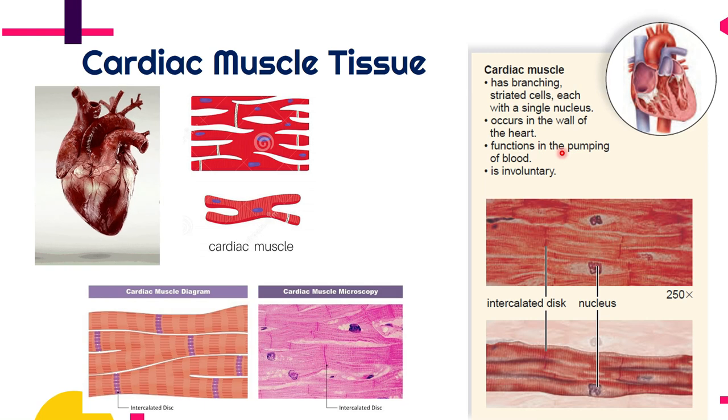So the heart 24/7 will pump in order for the blood to be distributed all throughout your body. Cardiac muscle, as I mentioned earlier, is only found in the heart or the walls of the heart, and it has involuntary movement. So we cannot control the muscular movement of the heart.